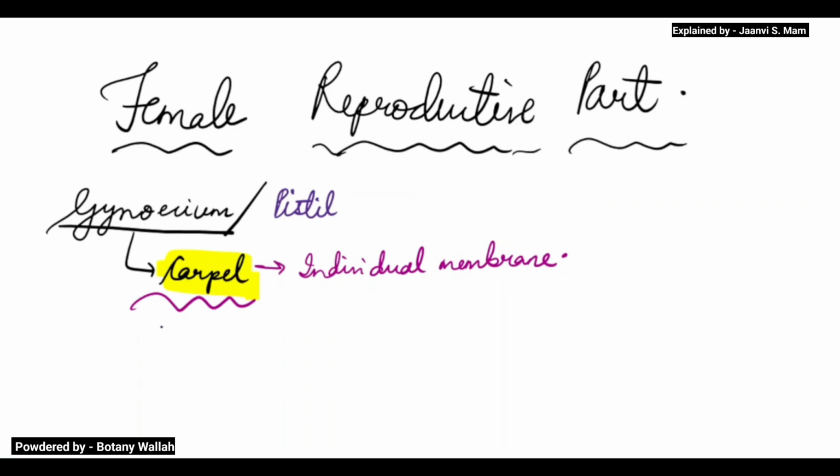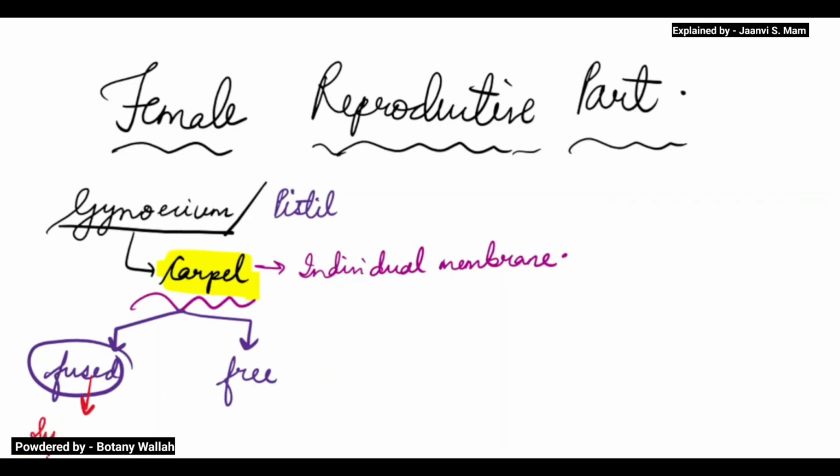So the carpels, suppose they are fused in a flower, or they can also be freely present. If they are fused, then this condition is known as syncarpous condition.